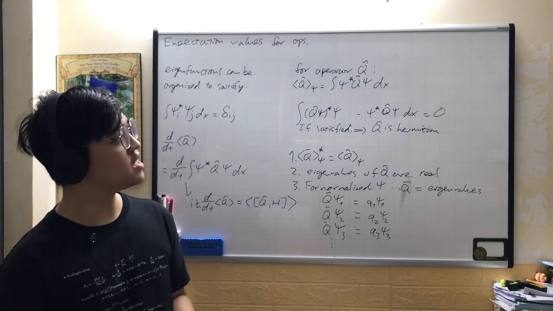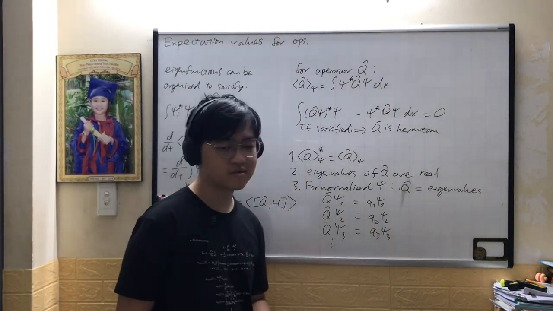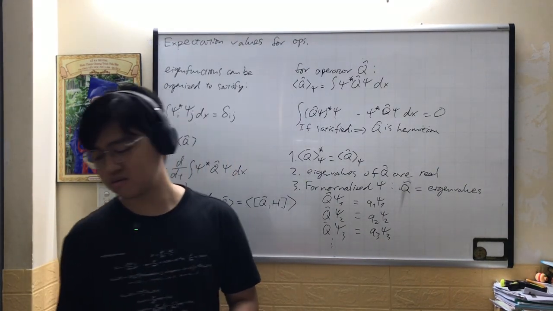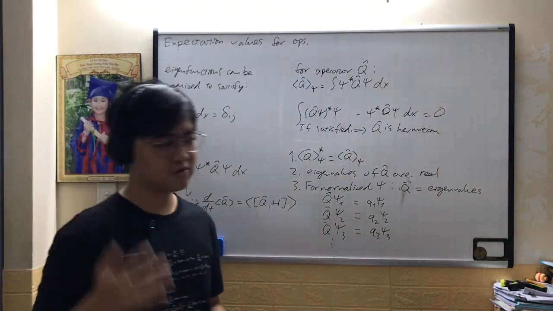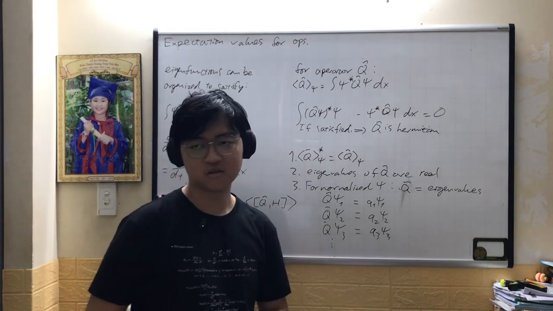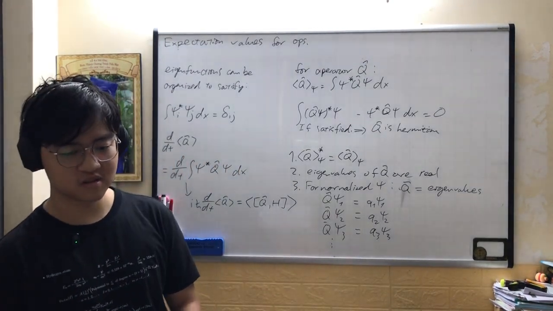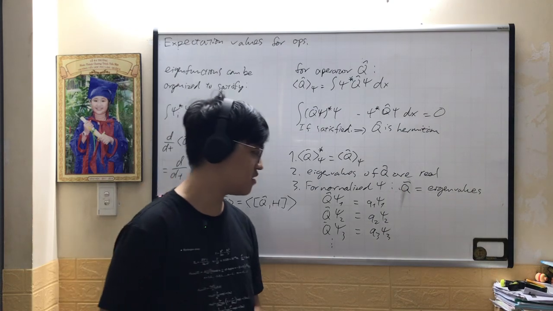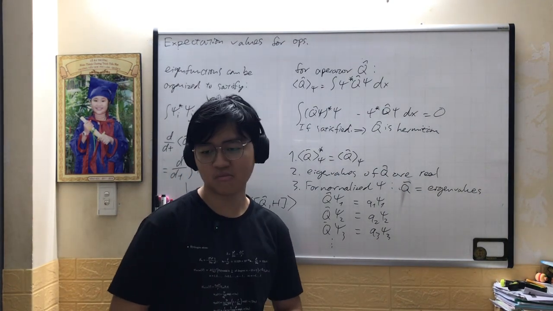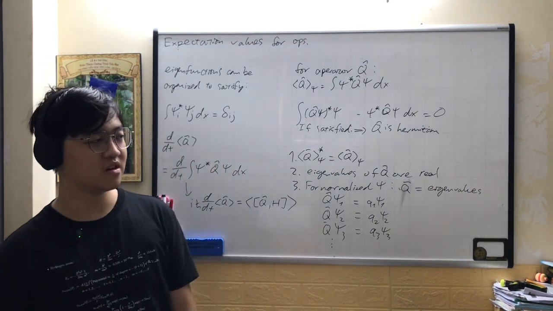And does P commute with the Hamiltonian? Yes, it does. Those are some prime examples. There are a lot more, obviously, like the total angular momentum, which I believe commutes with the Hamiltonian too.